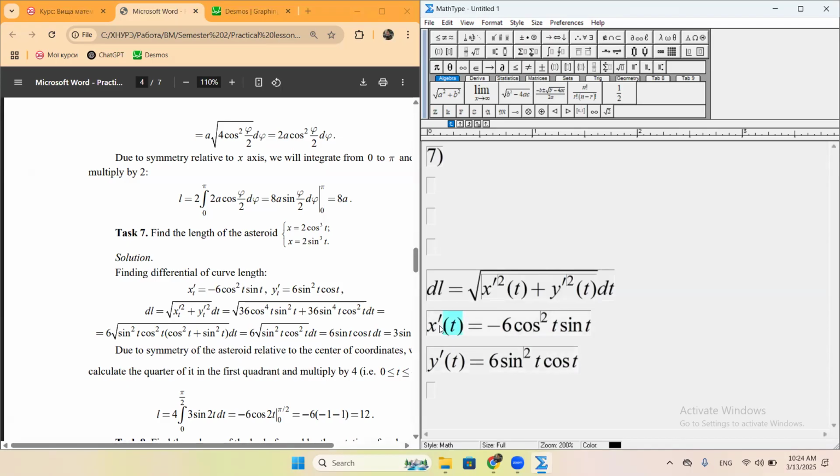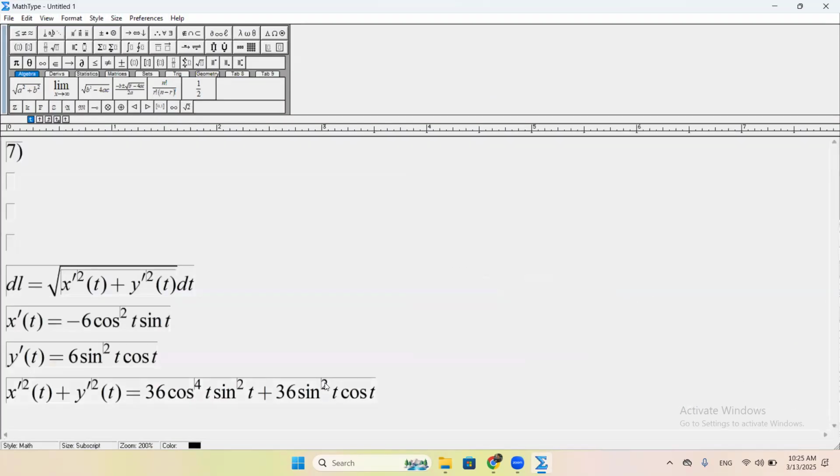Okay, so let's now calculate this expression. So 36 cosine in power of 4 and sine in power of 2 plus 36 multiplied by this expression also, sine in power of 4 and cosine in power of 2.